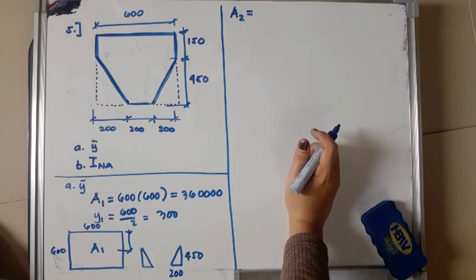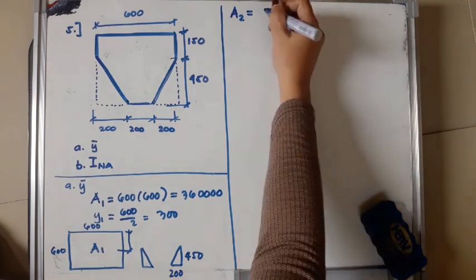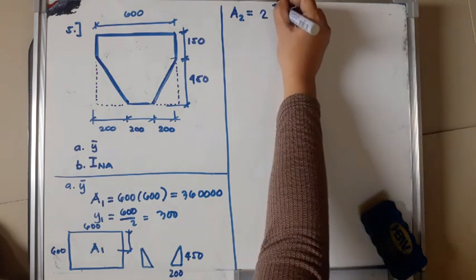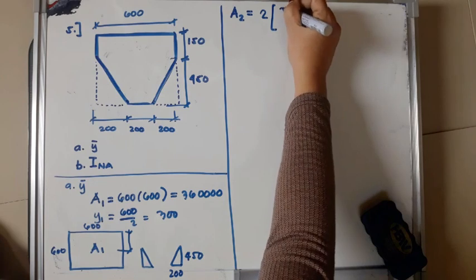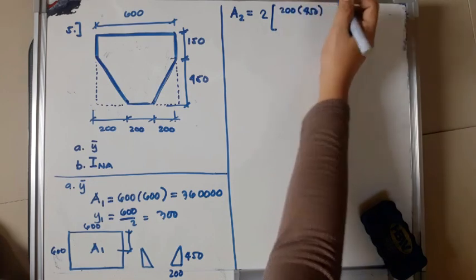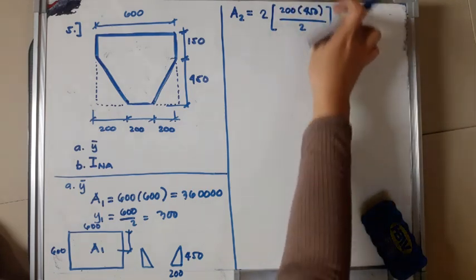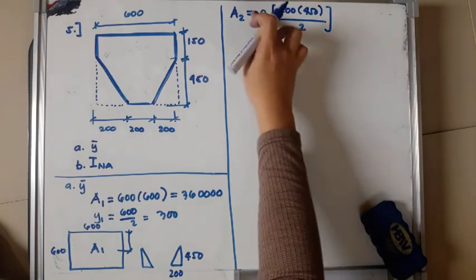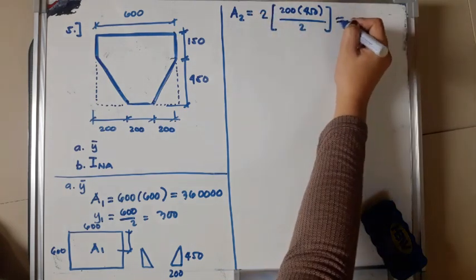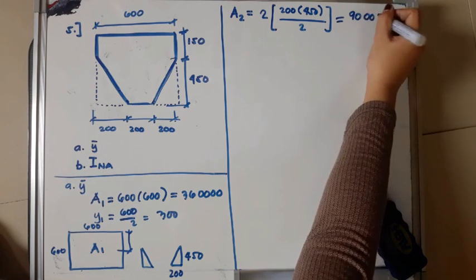It's base times height over 2. So since these are two triangles, we have 2 times base 200, height 450, divided by 2. So this is the area of one triangle and times 2. So this is 90,000.